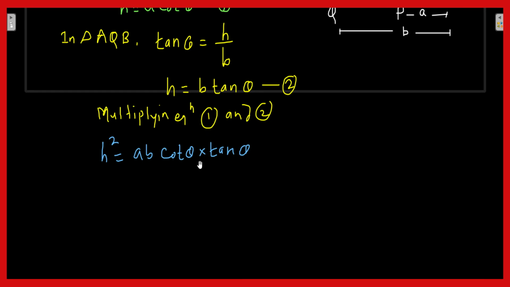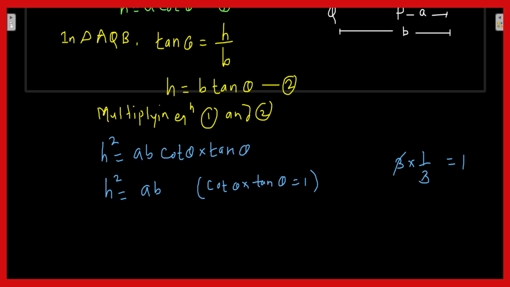But here if you see, cot theta and tan theta both are the reciprocals of each other, and the product of the reciprocals is always 1. Suppose number 3 is there, its reciprocal will be 1 by 3, and the product of this will be 3 1s are 3, that is equal to 1. So the product of the reciprocals is always 1. Cot theta and tan theta are the reciprocals, so their product is 1. So we get h square is equal to ab, because cot theta into tan theta is equal to 1.